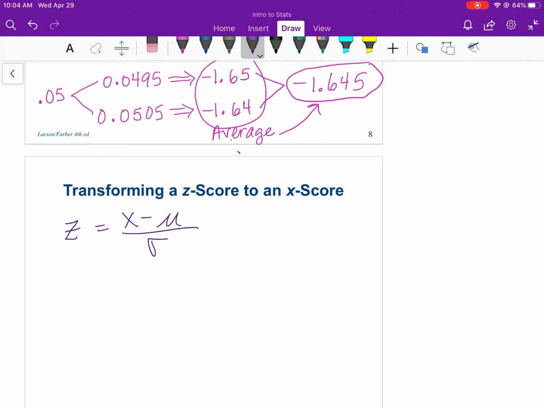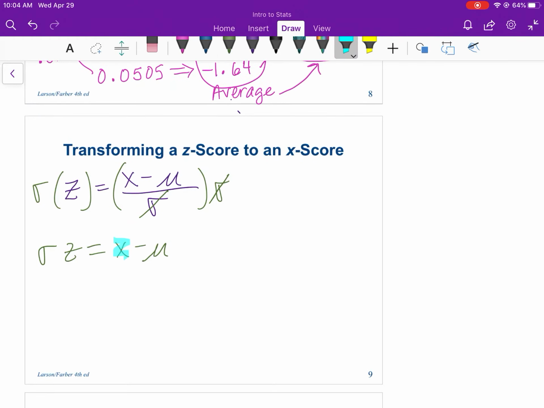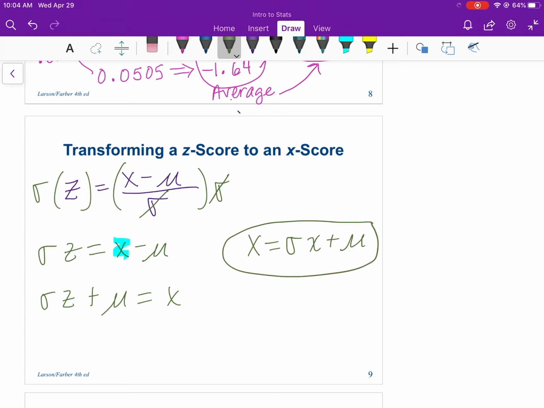What I'm going to do is multiply both sides by the standard deviation, and I want to solve this for x. So I'm going to add the mean to the other side. And this, you guys, is the formula you need for finding an x value.